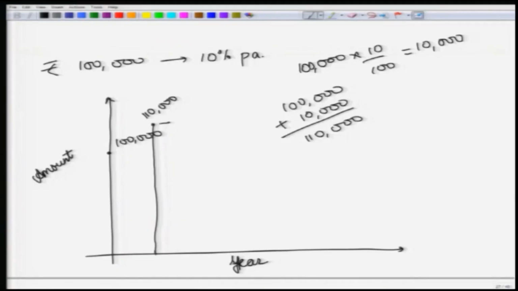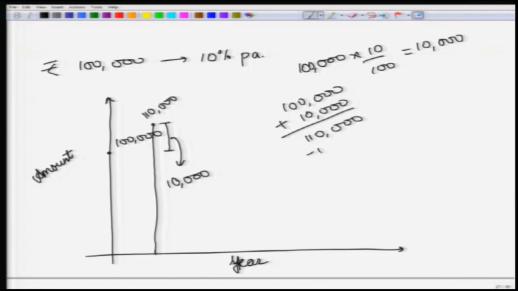Now, out of this amount, suppose you were to extract 10,000 rupees. So, out of your 110,000 rupees, you extracted 10,000 rupees from that account for your own use. So, now the amount that remains, minus 10,000, is back to 100,000.